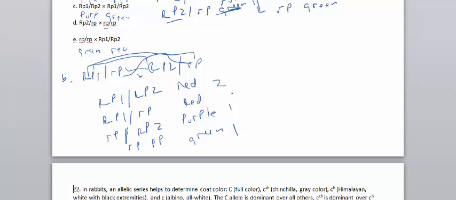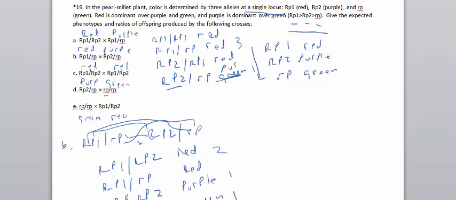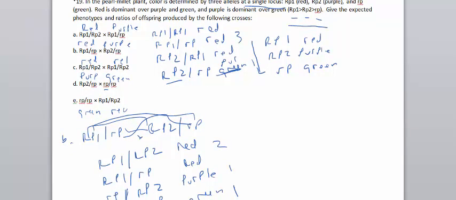And so that's a 1 to 2 to 1 ratio. That's indicative of one gene in some kind of a monohybrid cross. This one up here was a 3 to 1, which indicates one gene. So think monohybrid cross. And I'll leave you to go look at the answers in the solutions manual because I'm running out of room here.